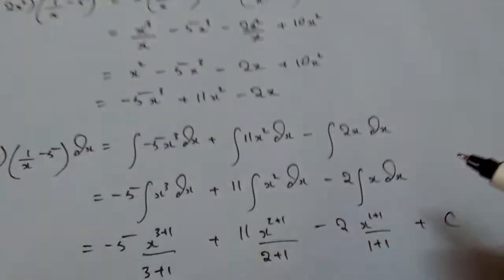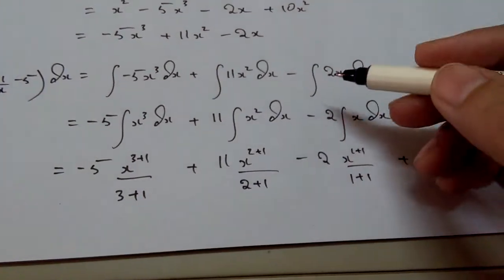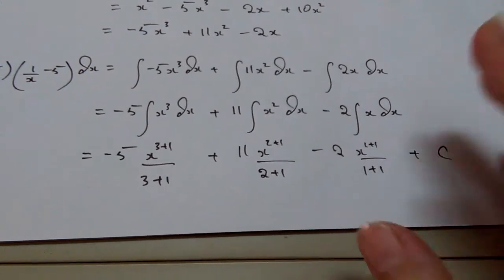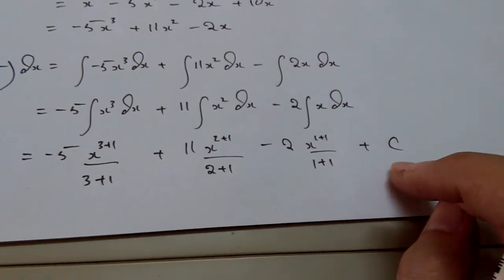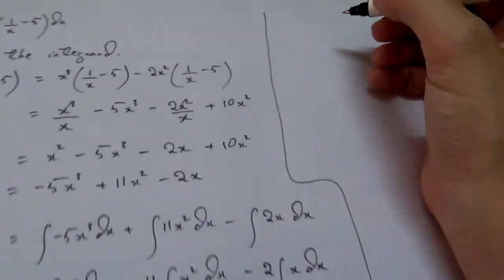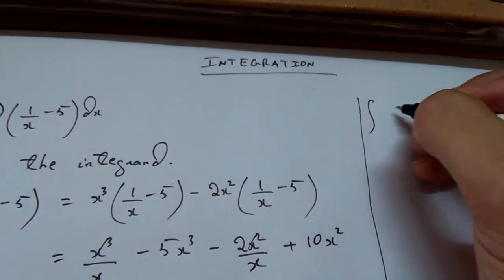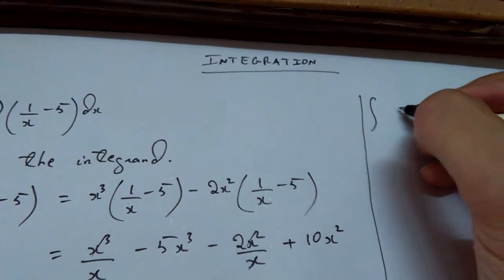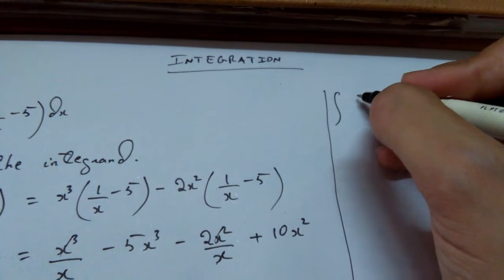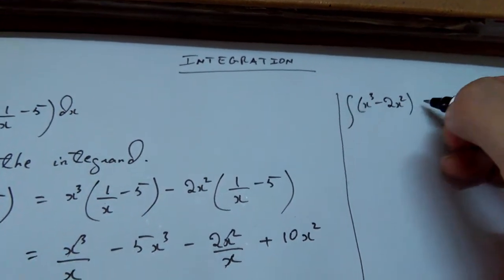Plus some constant. As you are dealing with indefinite integrals, you're not having upper and lower limits here, so this is an indefinite integral, and you're going to put the constant here. Okay, so the remaining thing I can write over here. The integral of whatever the integrand is, I'm not writing it whole, because it looks awful if I skip that.